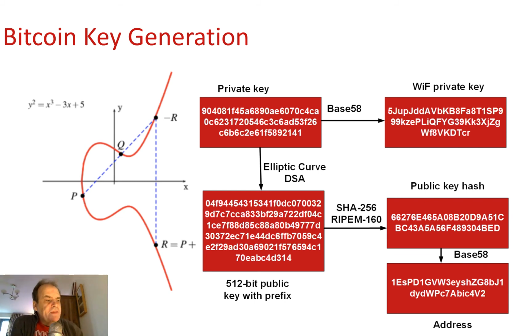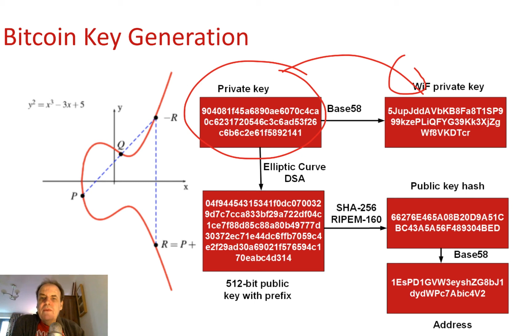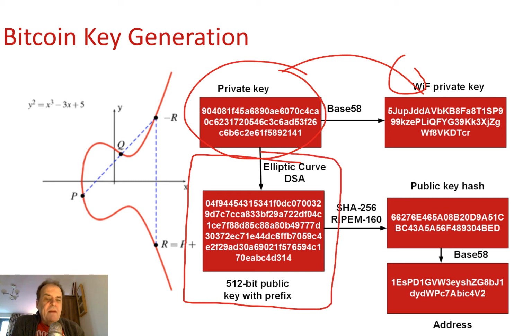So in Bitcoin generation, we create our initial key, our private key. Okay, and then what we do is we convert that into a storable format. It uses base 58. From here, we create our elliptic curve public key. So it's a 512-bit public key, and then this will be used to create our address.